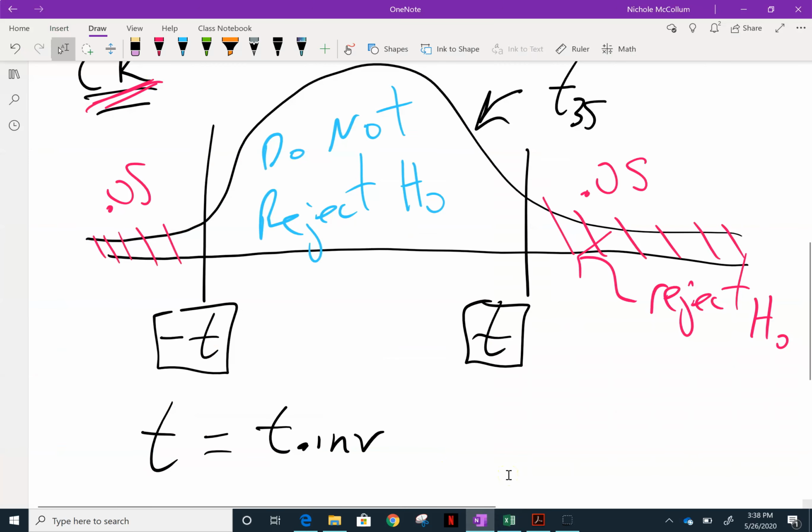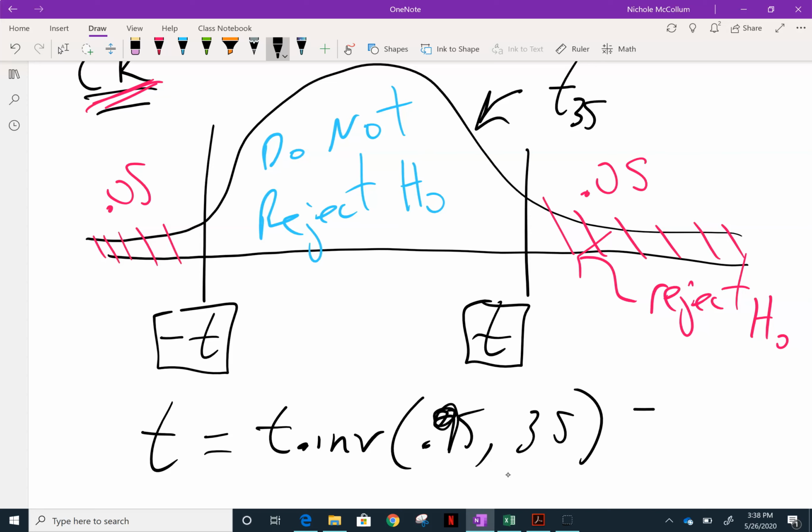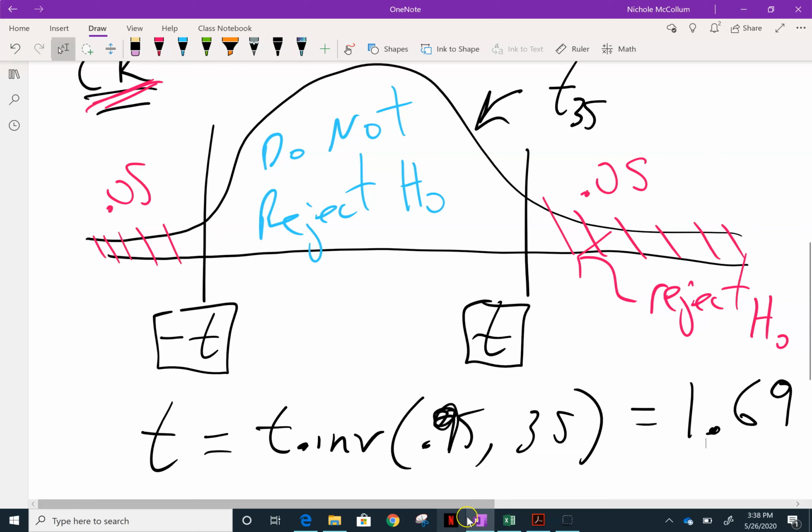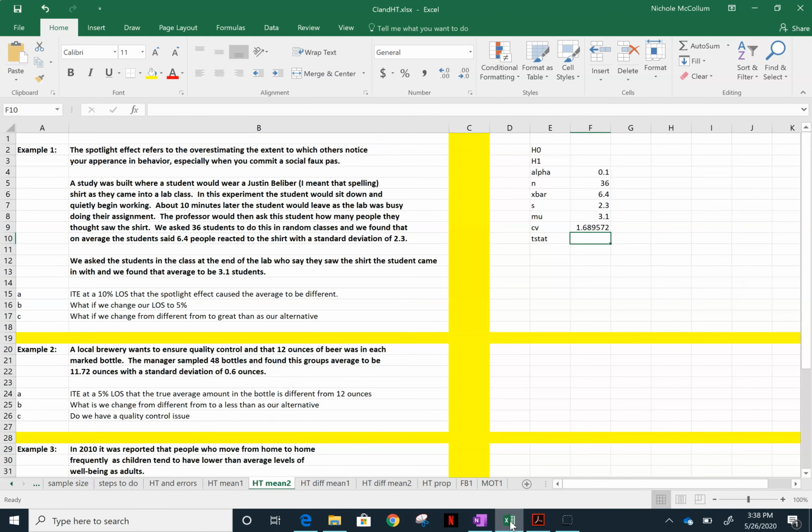So I know my critical value: 0.95, comma, degrees of freedom, 35, and that is 1.69 to 2 decimals. Please make sure you go to the right number of decimals you need. In this case, I'm using 2 decimals, 1.69.